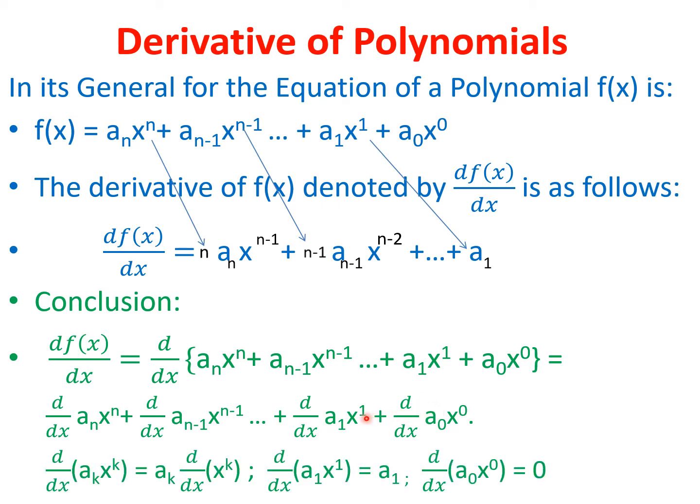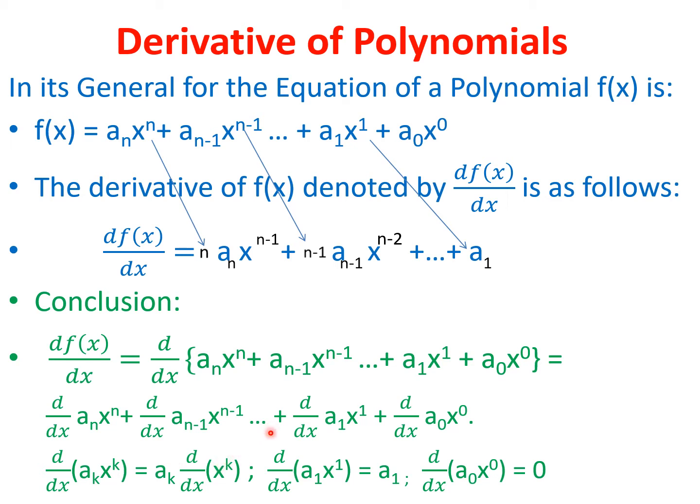Conclusion number 2 is the fact that d by dx of the general term a_k x to the power k is equal to a_k times the derivative of x to the power k. Why? Because a is a constant. So the derivative of a constant times the variable, we take the constant out, will be just the constant and then the derivative of the variable.